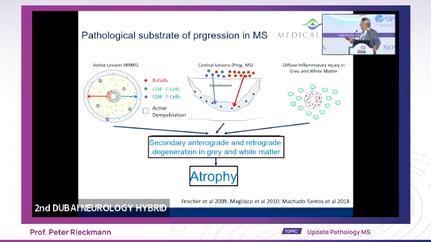Also in the cortical lesion, we know that the follicular dendritic cells or the follicular structures where B cells become activated, and also in the diffuse white matter, they play an important role in the control of the propagation of the destructive inflammation component, and thereby control also secondary antegrade and retrograde degeneration in gray and white matter, and finally leading into atrophy.